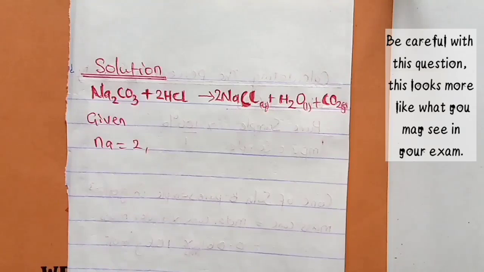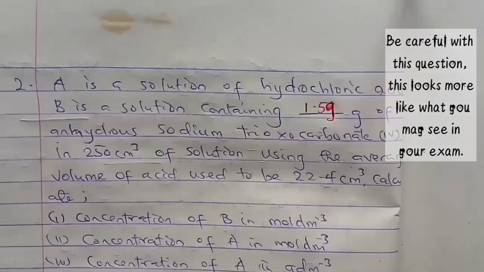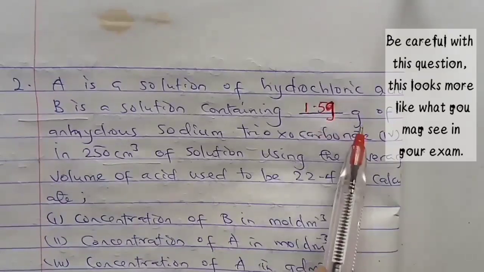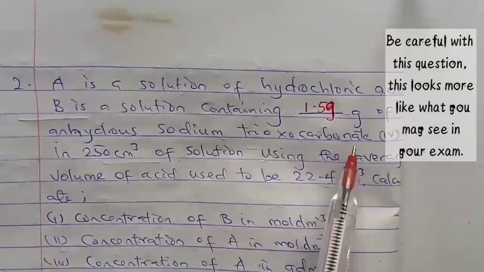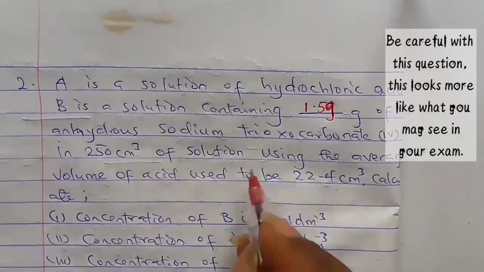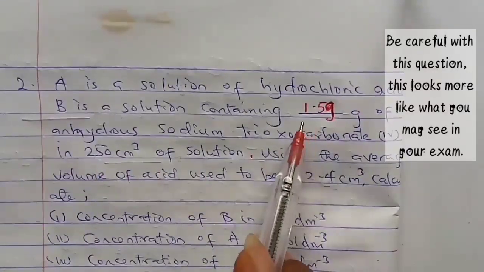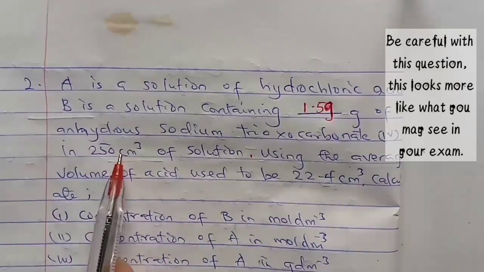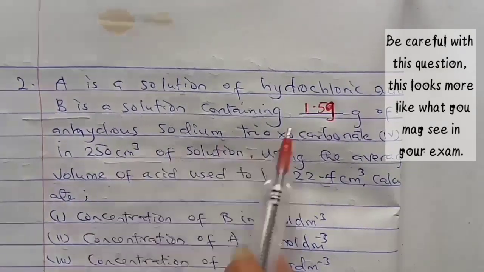Then from the question, we have a mass of 1.59 gram of anhydrous sodium trioxocarbonate(IV) in 250 centimeter cube of solution. Here we are going to convert this to the mass concentration. Converting this value to dm cube, then we can get our mass concentration.